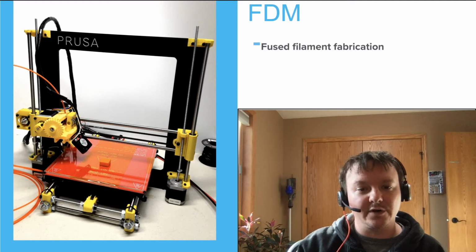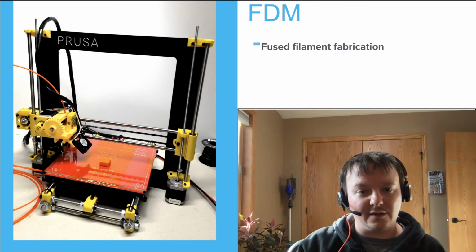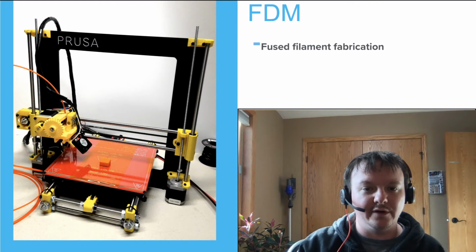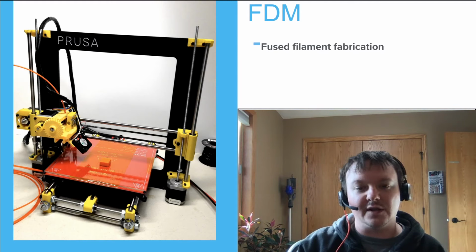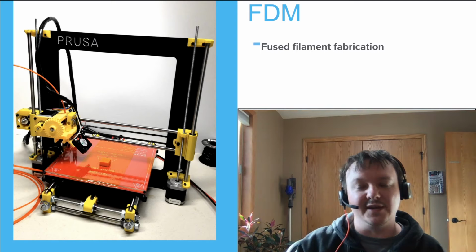And the way this works is you have a bunch of stepper motors. That's the large black squares on either corner. And that basically allows you to move all of the axes in very small increments. So if you're smart and can tell it to move the stepper motors in certain directions, you can get it to print things.